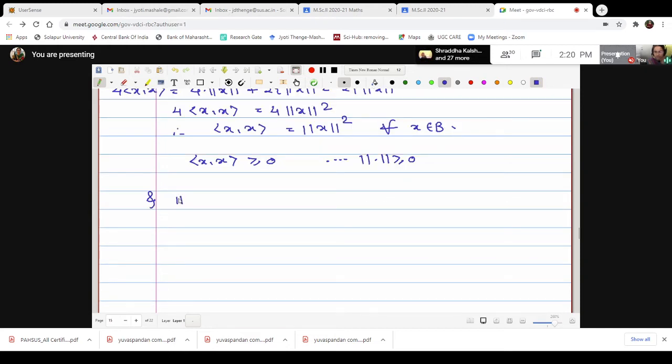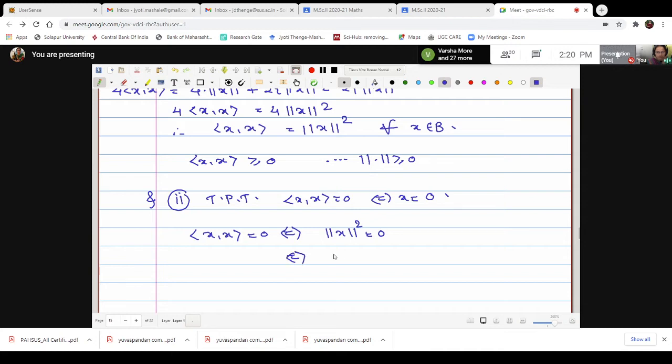What do we want to prove in the second step? We want to prove that inner product xx is equal to 0 implies and is implied by x is equal to 0. Now according to the statement we have proved just now, inner product xx is equal to 0 implies and is implied by norm square of x is equal to 0.